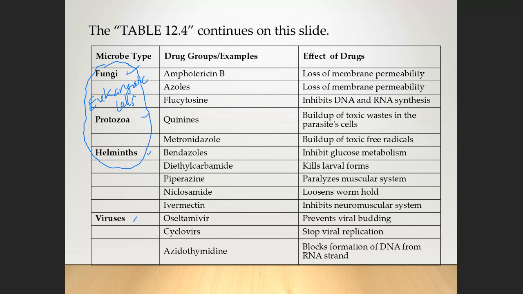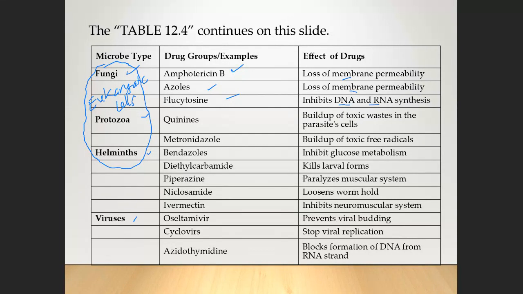So you see less drugs are used for fungi, protozoa, or helminths. Fungi, for example, amphotericins. This is for cell membranes. Okay, azoles also for the cell membrane. Flucytosine. This is for inhibiting DNA, RNA synthesis.